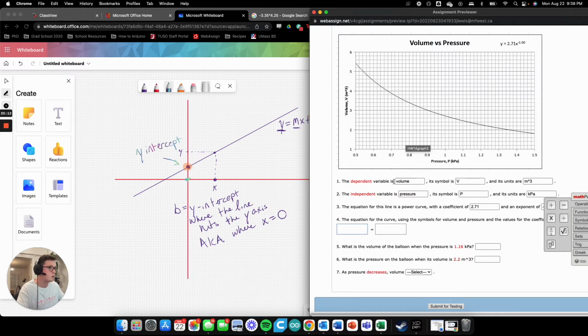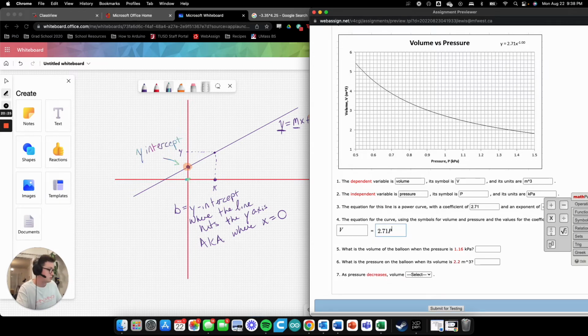We're replacing y with V, so V is equal to 2.71 pressure to the power of negative 1.00. What is the volume of the balloon when the pressure is that?